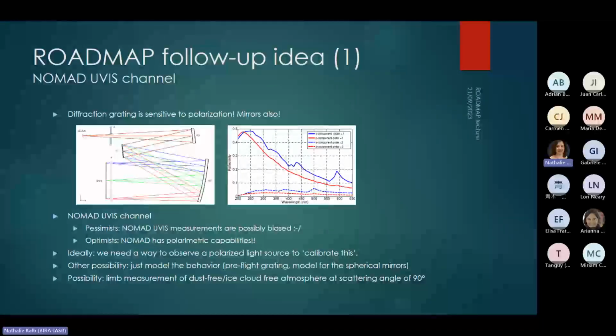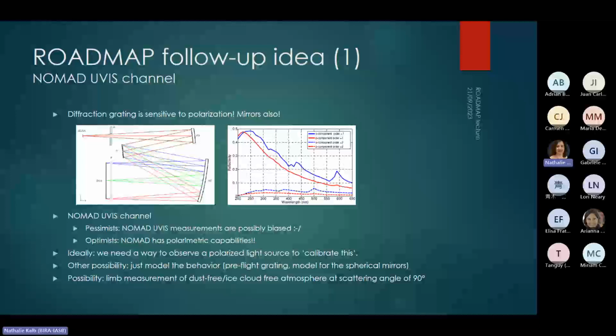Okay, I have to show something about mainly an idea that sprung up in our team recently. The NOMAD UVIS channel has a diffraction grating that's sensitive to polarization. To the left, you have a schematic picture of the UVIS channel. This is the grating. You also have two mirrors, two reflection events.